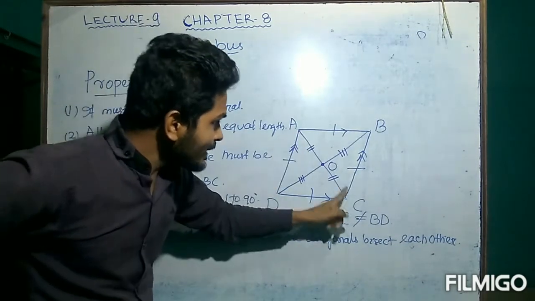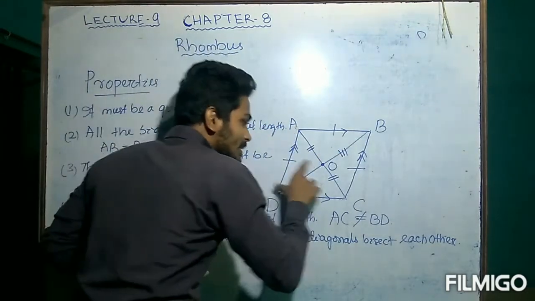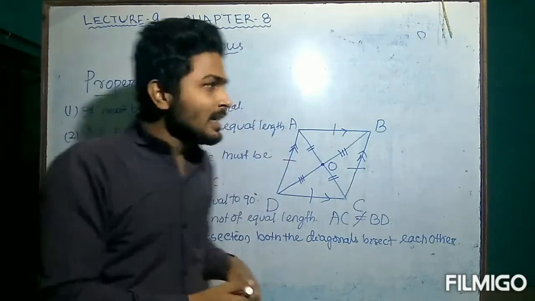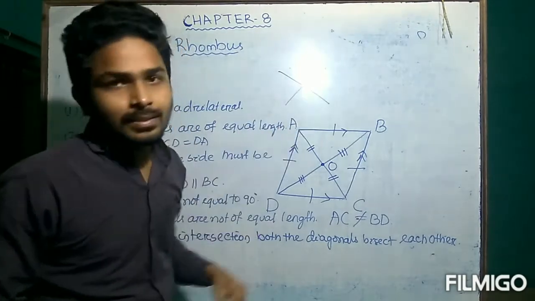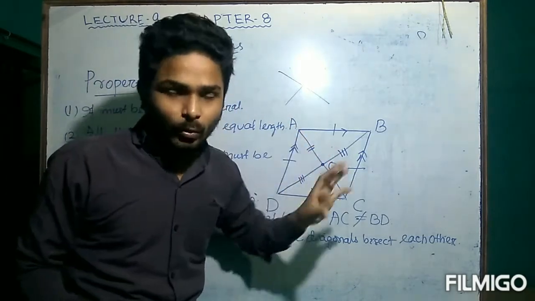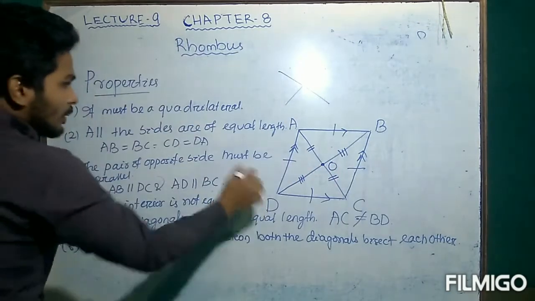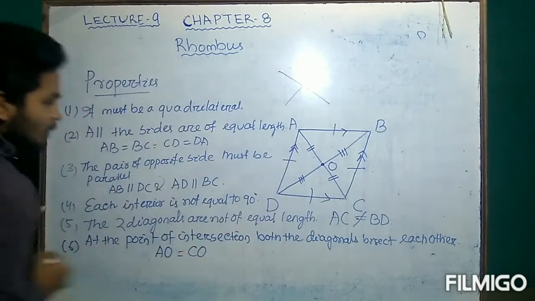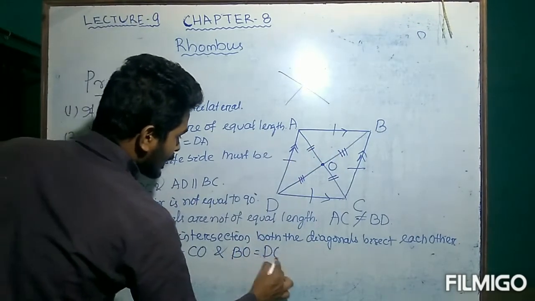But since AC is not equal to BD, we can't write that all four parts are equal. In the case of a square and rectangle, since the two diagonals are equal in length, we write all four halves as equal. But here, since the two diagonals are not equal, we simply write this half is equal to this half, and this half is equal to this. So you can write AO is equal to CO, and BO is equal to DO.